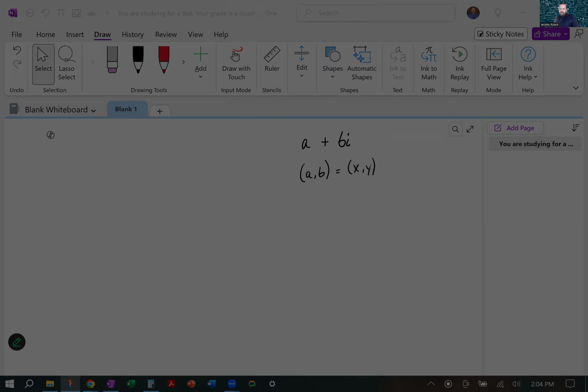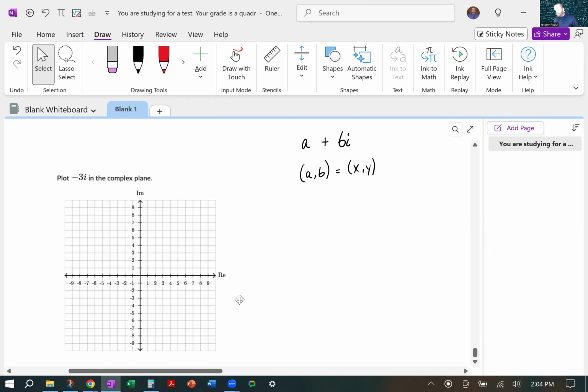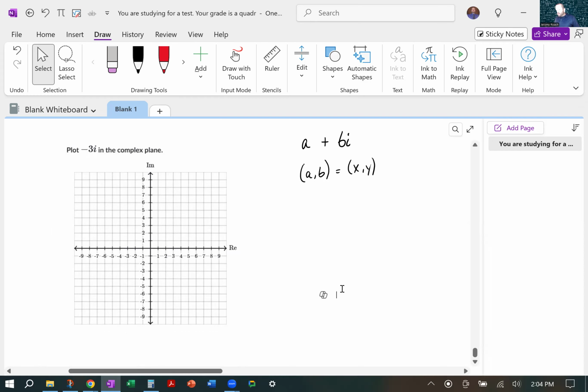So the next one says plot negative 3i in the complex plane. Well, negative 3 is going to be our b value, but we don't have an a value. So a is going to be 0 and b is negative 3. And so that's just our coordinate 0, negative 3. That's 0, negative 3i.